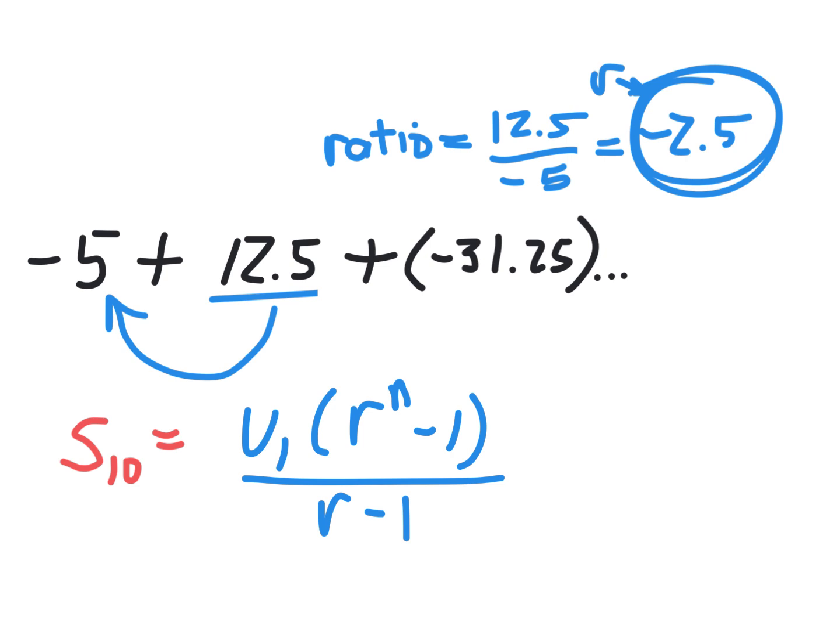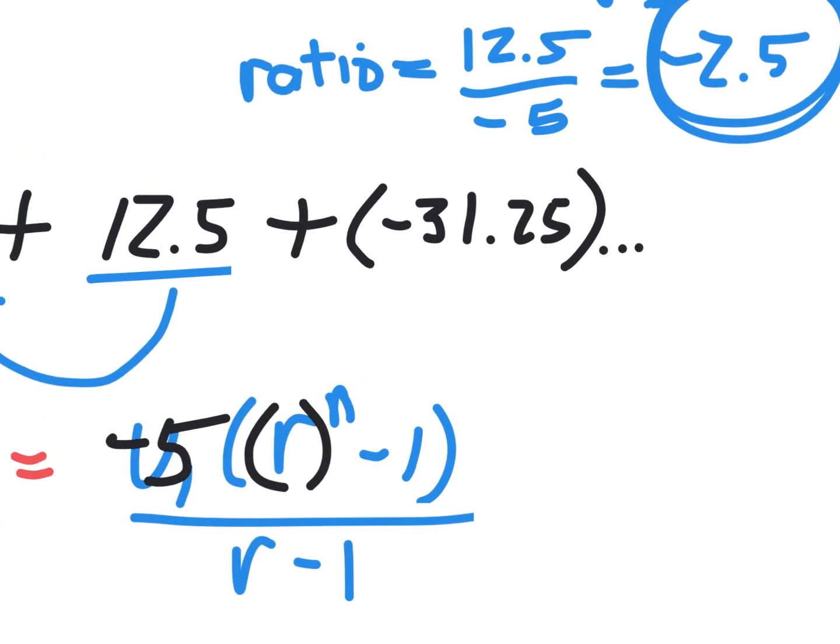So I've got to figure out u1. Oh, that's just the first term. That's easy. It's negative 5. I'm putting a parenthesis on this. Anytime you're not sure, put in a parenthesis. Remember my colleague. Put in more parentheses. That's the short answer to these problems.